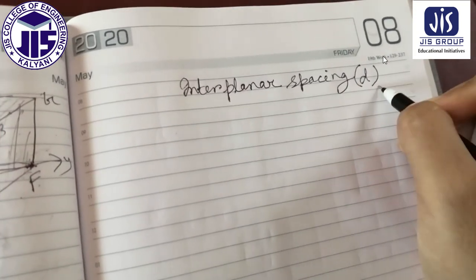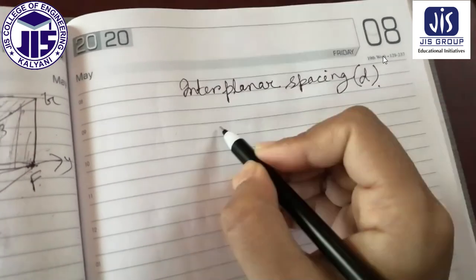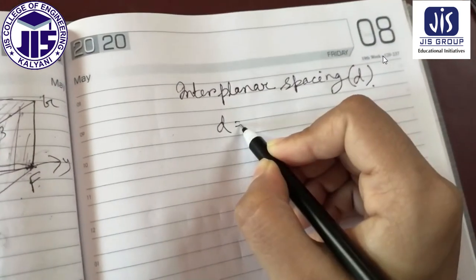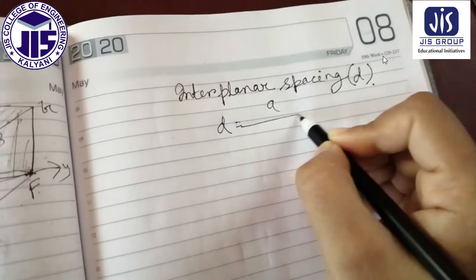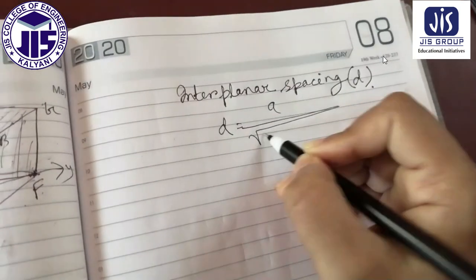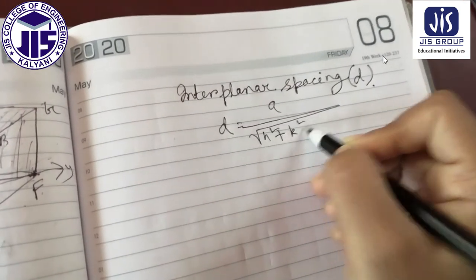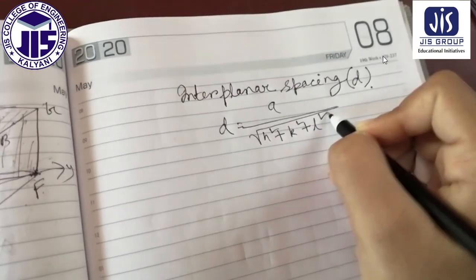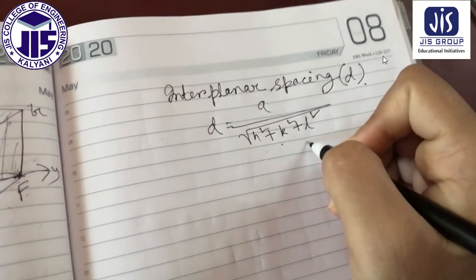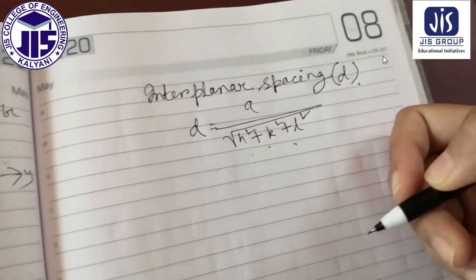Now d equals a divided by the root over of h square plus k square plus l square. Here h, k, l are the Miller indices, which we discussed in our last class.